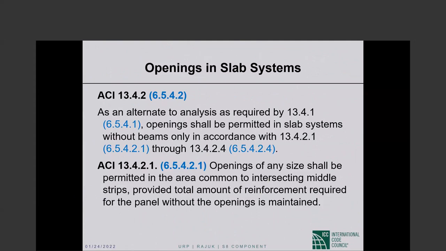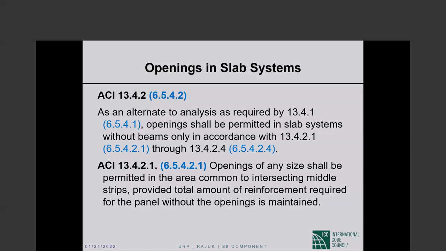Any reinforcement that is interrupted by the opening shall be placed half on either side of the opening, with proper development length. This is what we always do. It can be bent for very small openings.